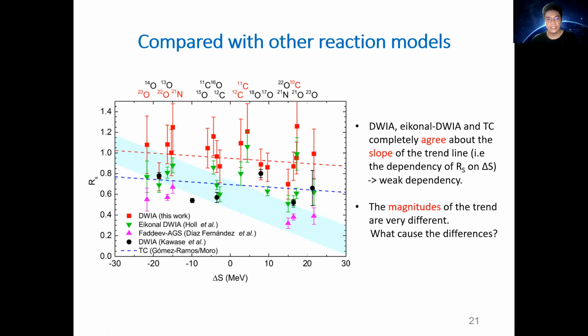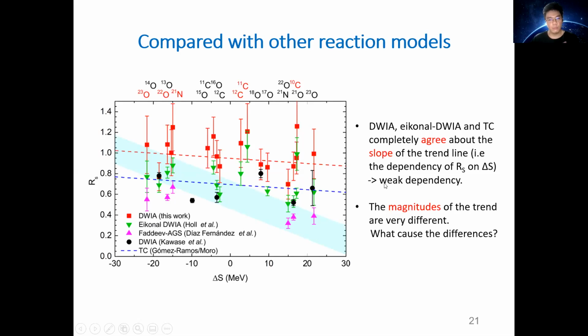That means that no matter what magnitudes you get, you still get a very weak dependence on delta S. And this slope is also in good agreement with the eikonal DWIA. For the Faddeev, it is mostly because of the lack of relativistic corrections, so the magnitude of it is quite lower than the rest.